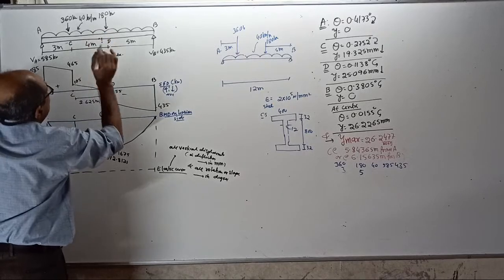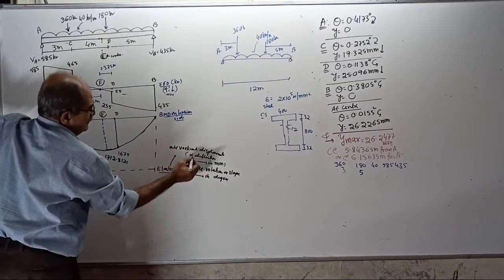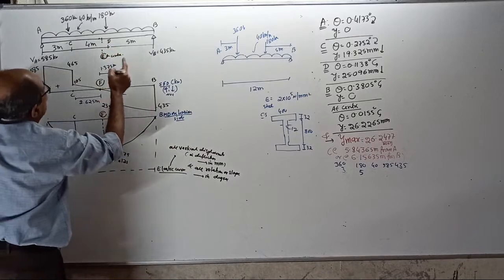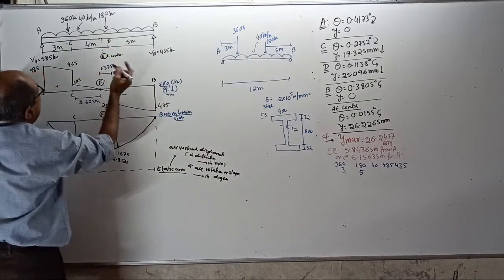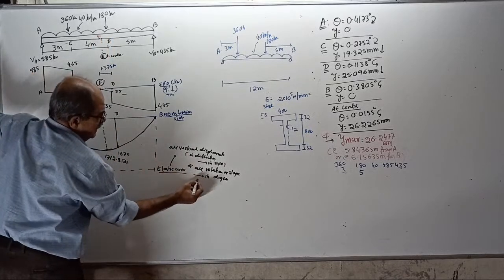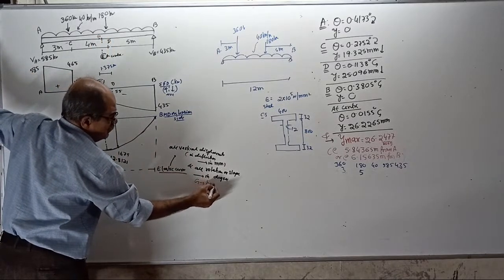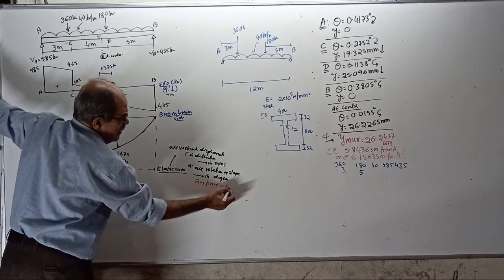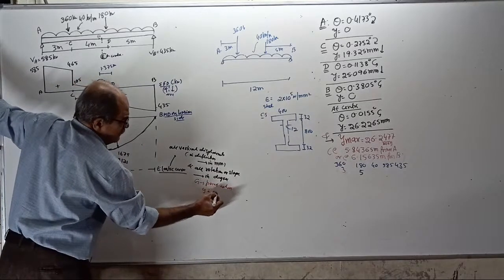This is the point of the dot. I will give a new name for that one. A, B, C, D, E, F over. I will call the point G. That G is the point where Y is maximum.